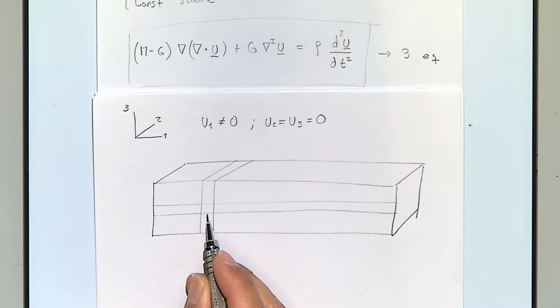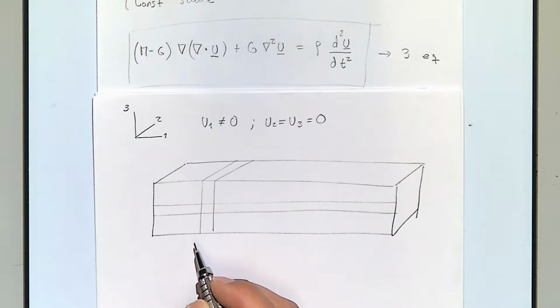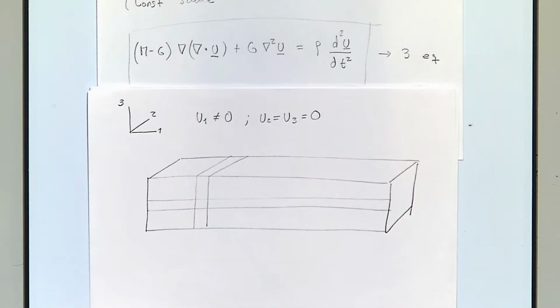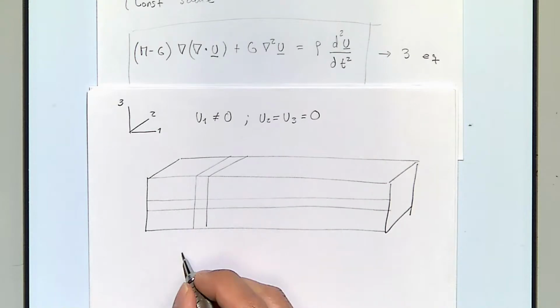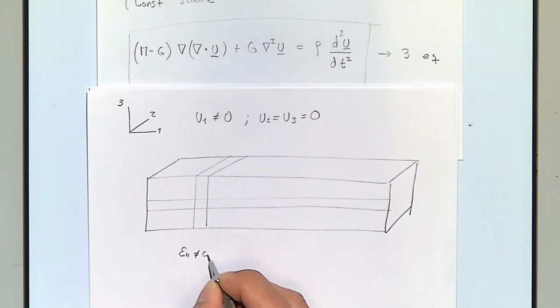If I have displacement in direction 1 only, what kind of strains do you think we're going to have? But it's the strains in which direction? Which epsilon is going to be different than 0? Epsilon 1 is going to be different than 0.